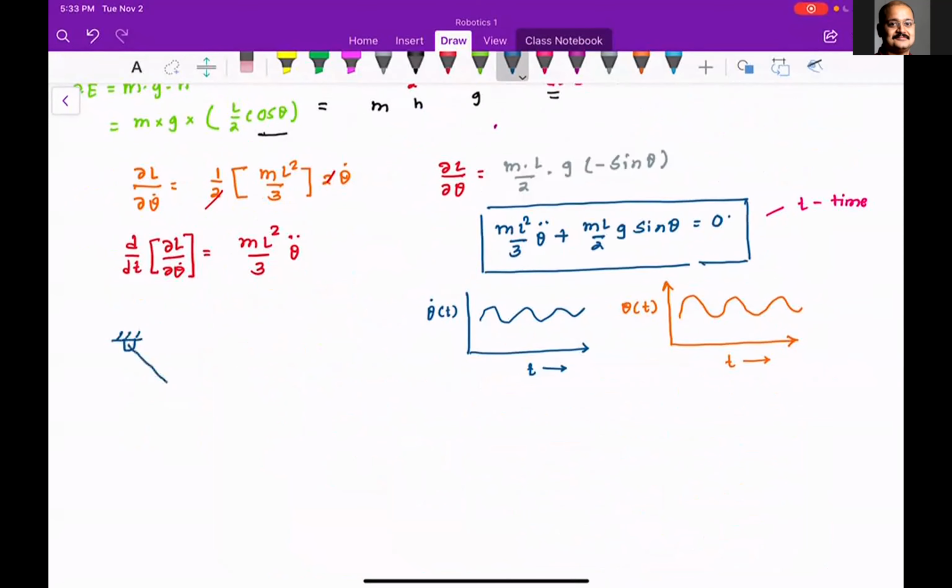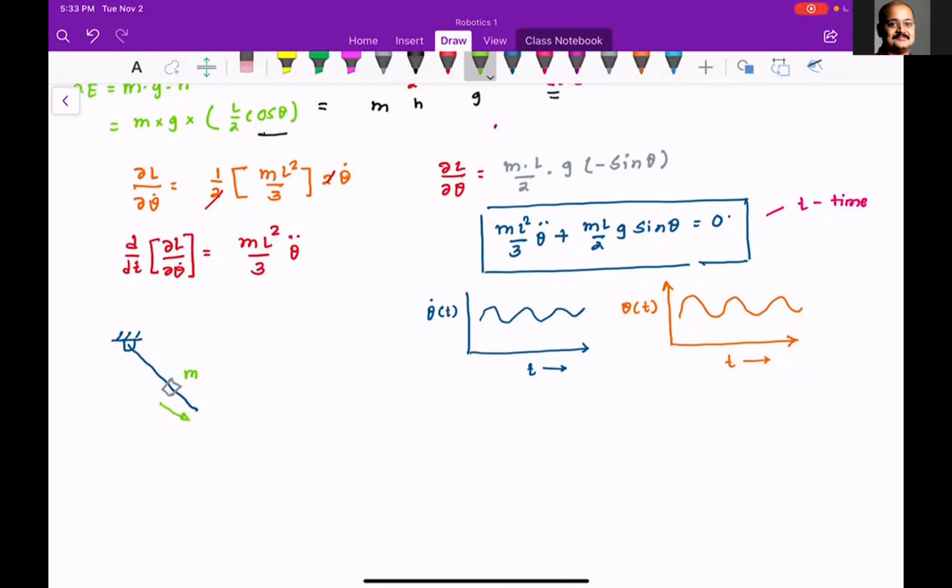But let's look at a very simple case where you have a mass that is sliding in this direction.